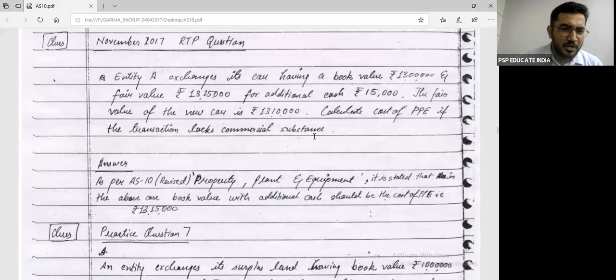Of course, it is going to increase your cost. So that increase in cost that you paid extra will be added to the book value of the asset. So you will basically have 13 lakhs plus 15,000. So your final answer will be 13 lakh 15,000.